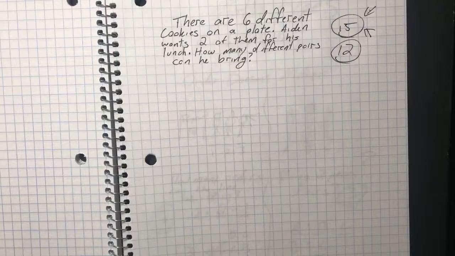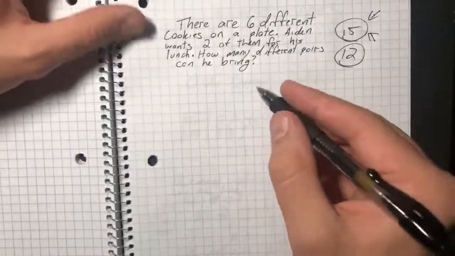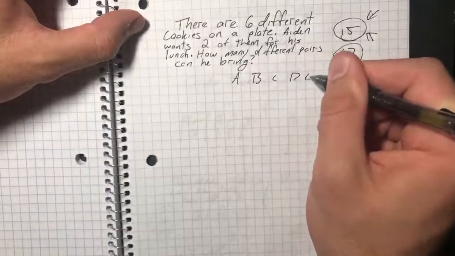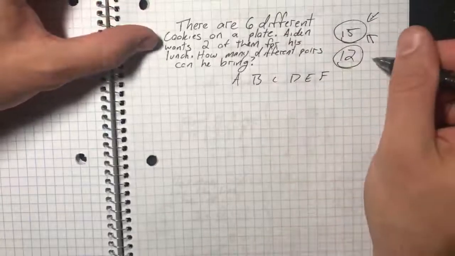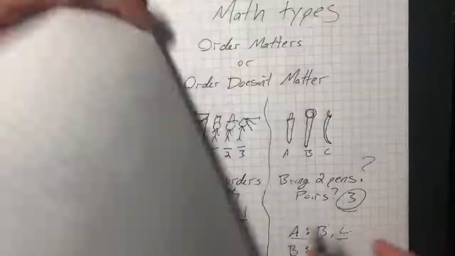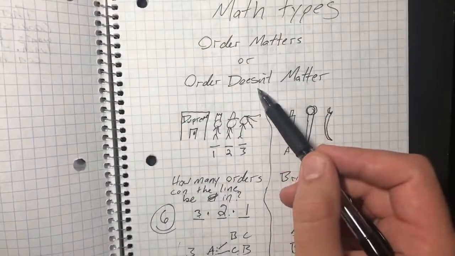Okay, all right, so I'm gonna show you guys how to go over this. If there are 6 cookies, let's just label them A, B, C, D, E, and F. Why these? 'Cause it's easy. So the big question you have to ask yourself is, does the order matter or does the order not matter?